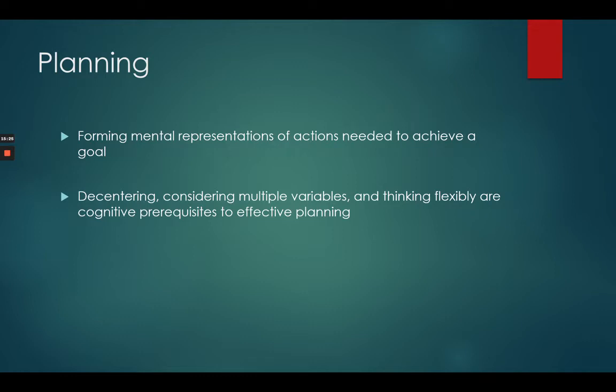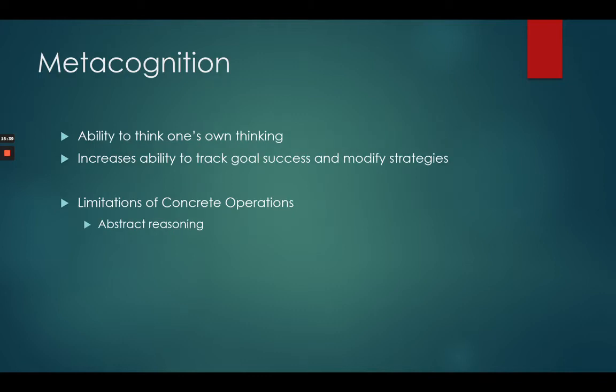So again, all the stuff we've been talking about, being able to decentrate, being able to think about multiple variables, being flexible in how you approach a problem, all of these are leading into this effective planning. And then concrete operational kids start showing a lot of metacognition. Metacognition is thinking about thinking.